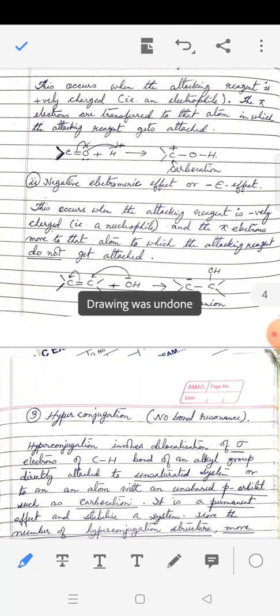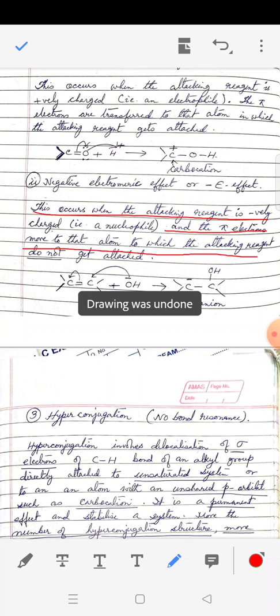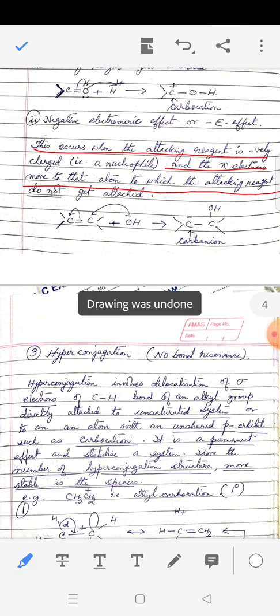Next is the negative electromeric effect or minus E effect. This occurs when the attacking reagent is negatively charged, and the pi electrons move to that atom to which the attacking reagent does not get attached. Please remember that the attacking reagent does not get attached.